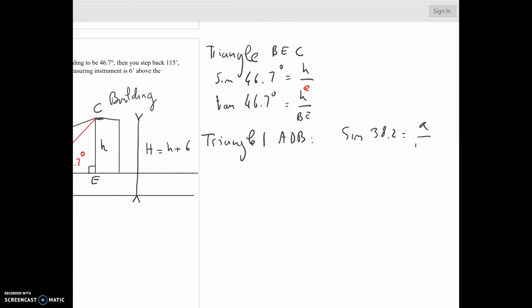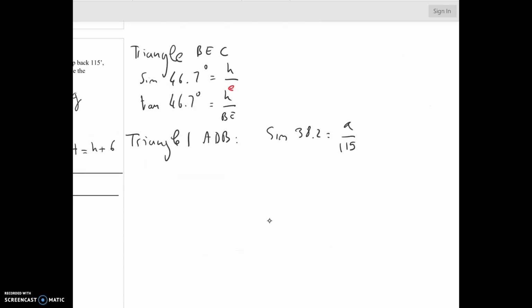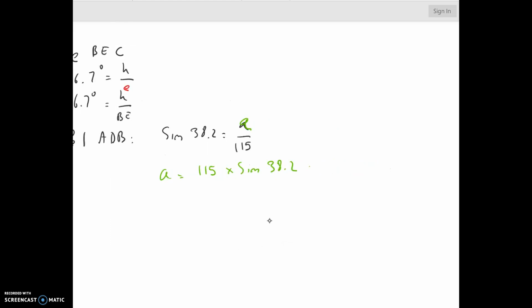A divided by 115, and what is A? A is defined as this length right here. So I can easily define A equal to 115 multiplied by the sine of 38.2 degrees, and end up with a value around 71.116965 feet.